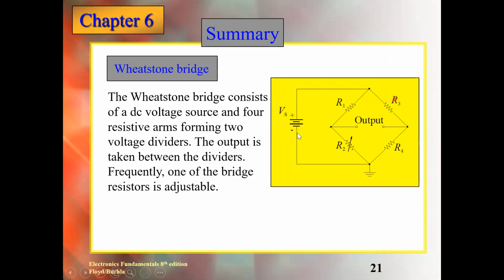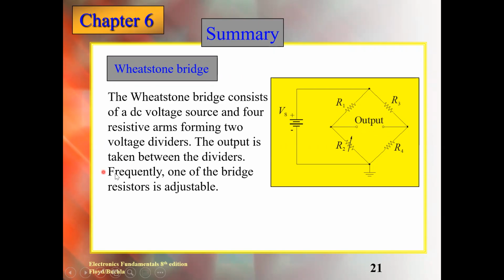These are the 4 arms. So this circuit is called the Wheatstone bridge. It consists of 1 DC voltage source and 4 resistors. The output is taken between the dividers. So here we took the outputs between these two. And we can connect any source here between that, and we can check it here.